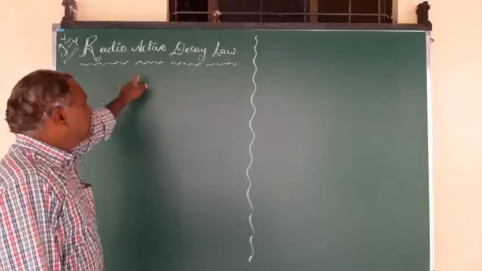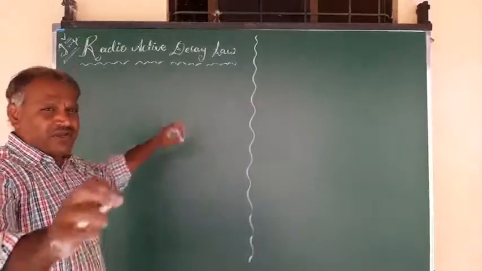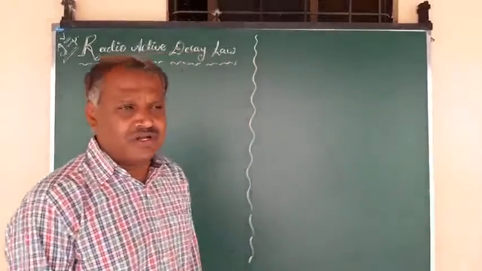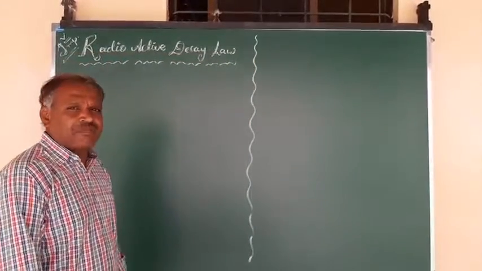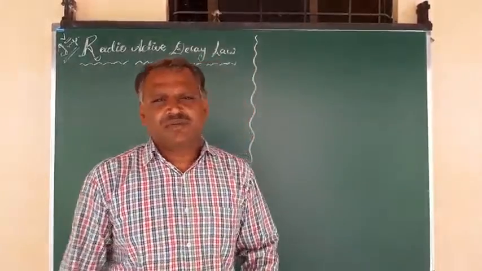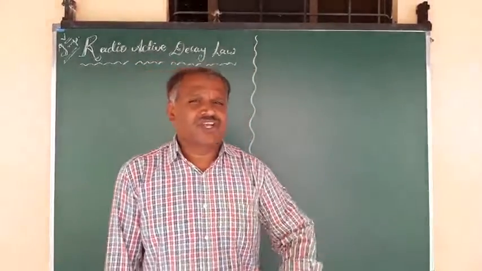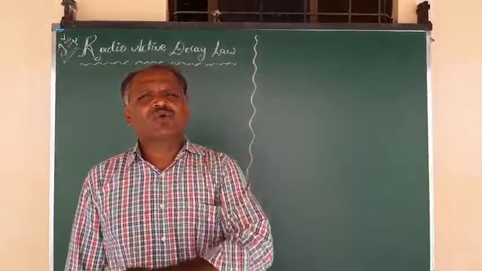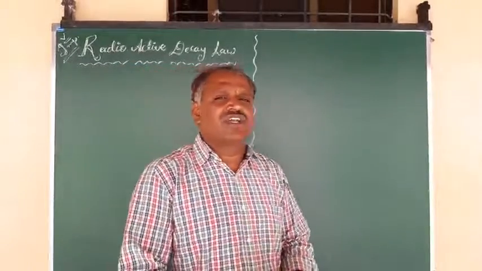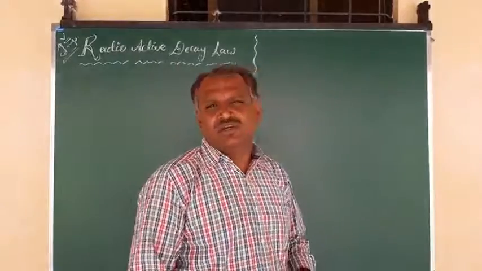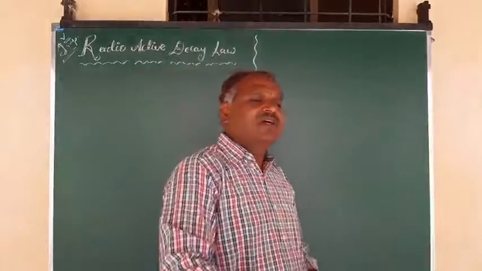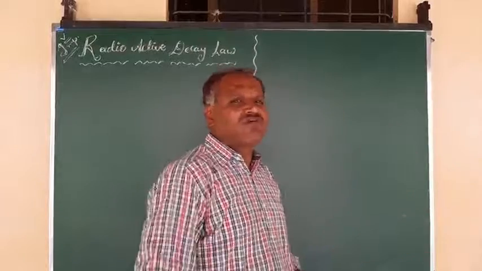So what is the statement of the radioactive decay law? It is very important for your calculations and board exams, everything. The statement: the rate of disintegration for any radioactive nuclei is directly proportional to the number of nucleons present in that nucleus at that instant of time.